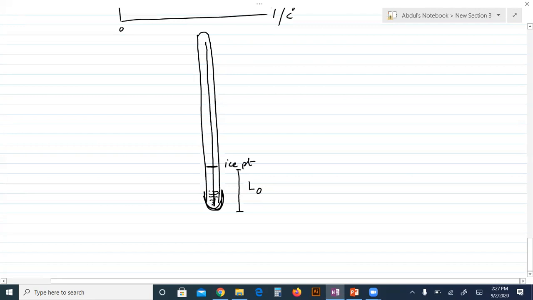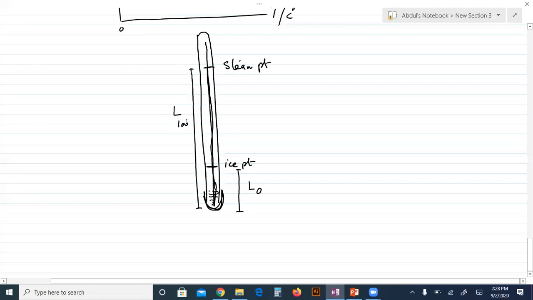When this bulb is placed in the steam, a few millimeters above the surface of boiling water at standard atmospheric pressure, the liquid will rise to this level. So this is the steam point, and its height from the bottom is represented with L100.